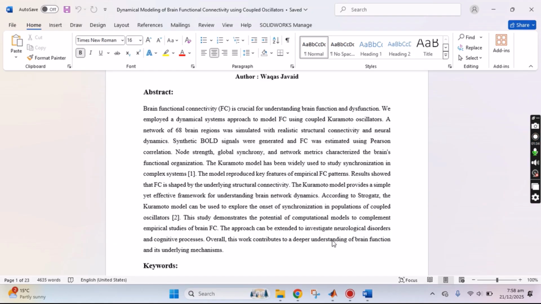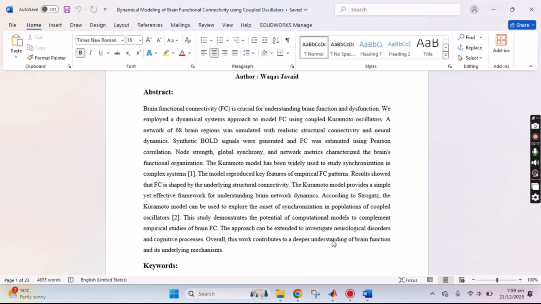Kuramoto models also provide an effective framework for understanding brain network dynamics, and can be used to explore the onset of synchronization in populations of coupled oscillators. Finally, this study demonstrates the potential of computational models to complement the empirical studies of brain functional connectivity.